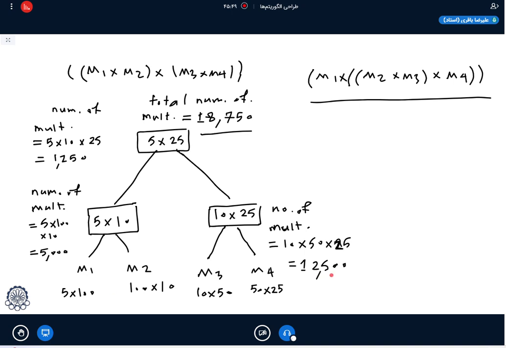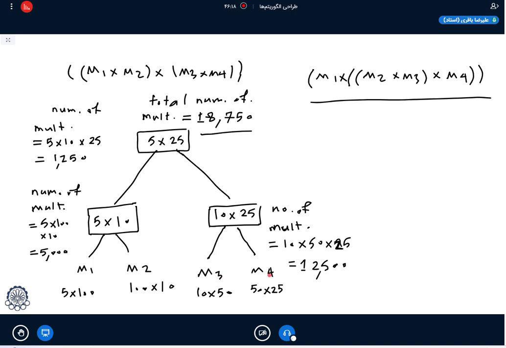In the left side, we compute the number of multiplications. At first, we multiply M1 and M2. In multiplication of M1 and M2, the number of multiplications that are done is 5 multiplied by 100 multiplied by 10. So the number of multiplications is 5,000.